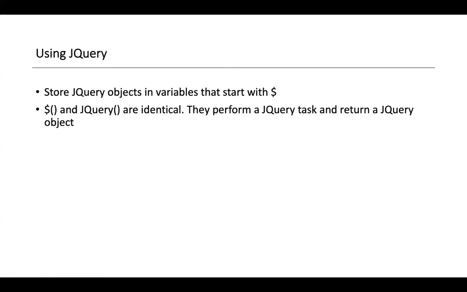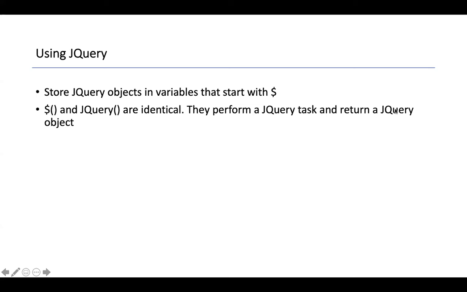Okay, so using jQuery in your JavaScript. Once you've loaded it, it's as simple as using either the dollar function or jQuery. They are the same function. Dollar is just a conventional shorthand for the jQuery function. And whatever arguments you pass to these two functions determines what gets done by the function.